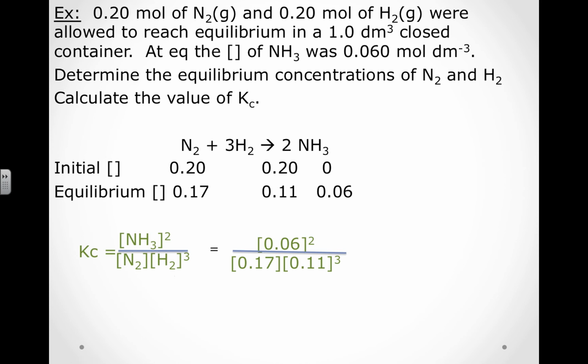So grab yourself a calculator. Actually try this. See if you can do it. We get 15.9. And what does that 15.9 mean? It means that we had a lot more of our product than we did of our reactant.